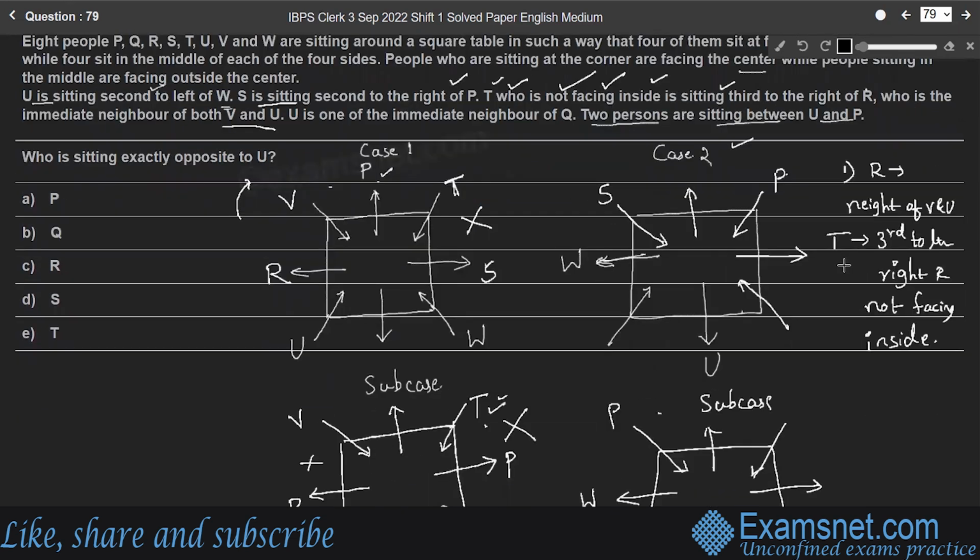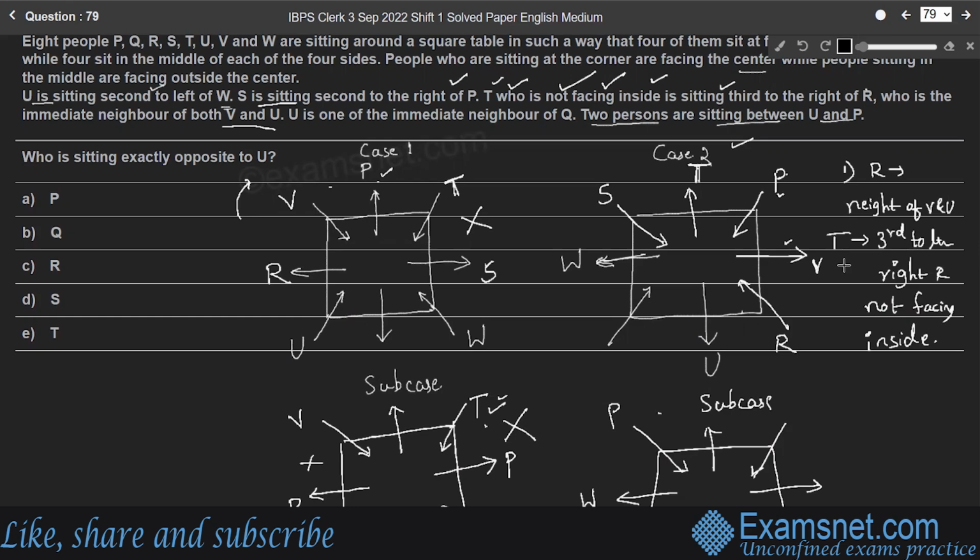And case 2. According to these 3 points here, R is the immediate neighbor of both V and U. Therefore, the position of R will be the right bottom corner and V will be in the right middle. Third to the right of R means, first to the right of R is V, second is P, third is here where T is sitting, and T is not facing inside here in case 2.